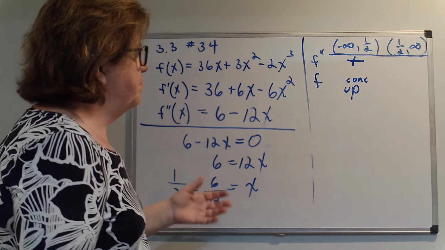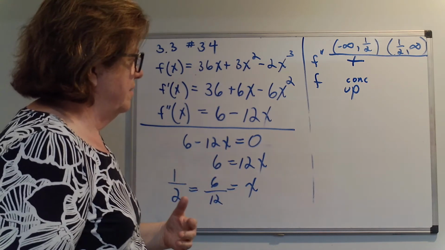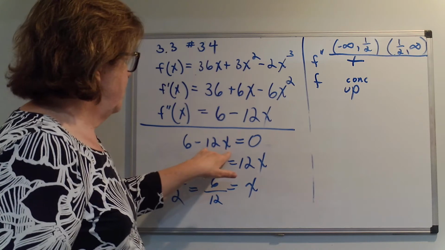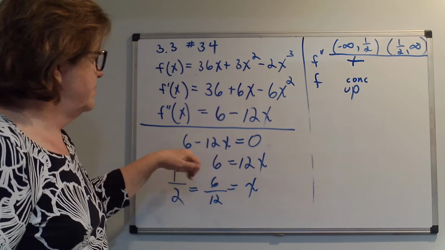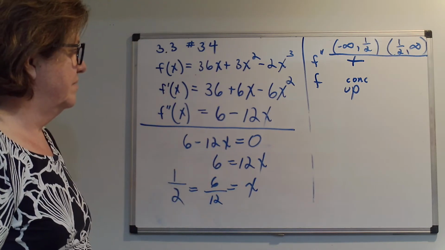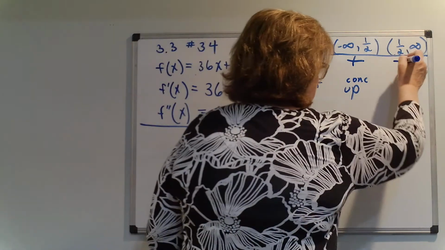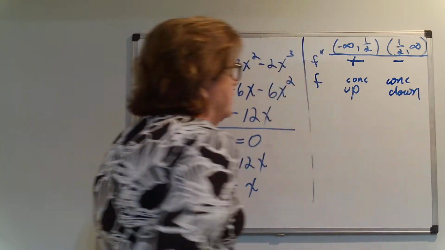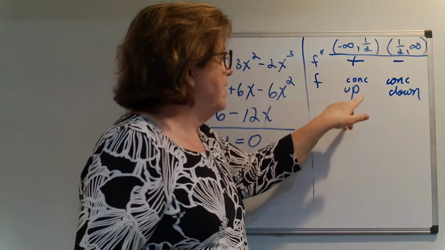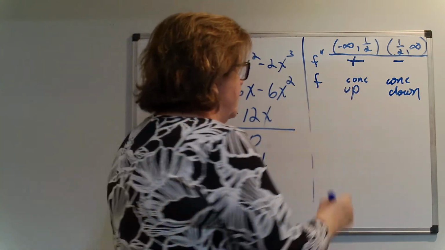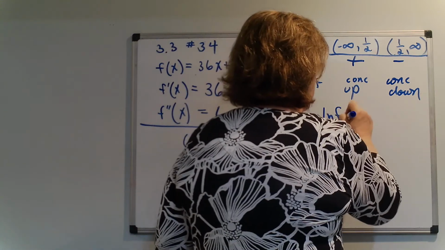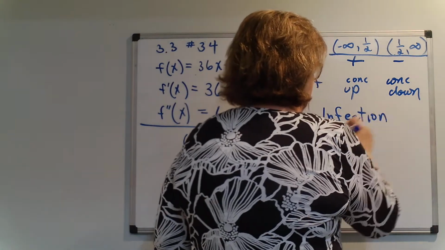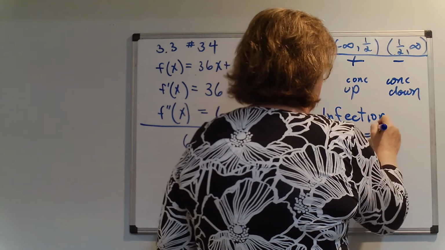Okay, what about bigger than 1/2, like 4? Well, 4 times 12 is 48. 6 minus 48 is going to be negative. So it's going to be concave down there. So we change from concave up to concave down. So there is an inflection point at x equal to 1/2.